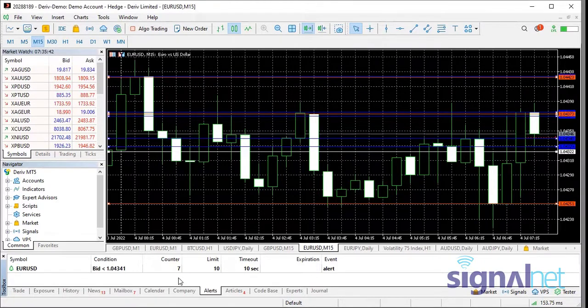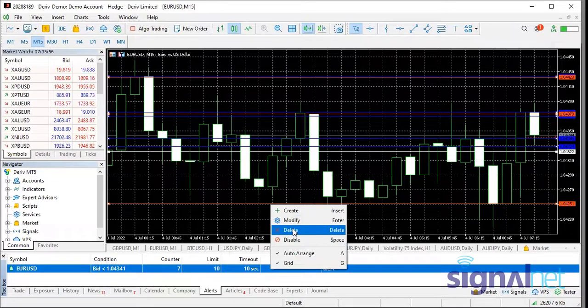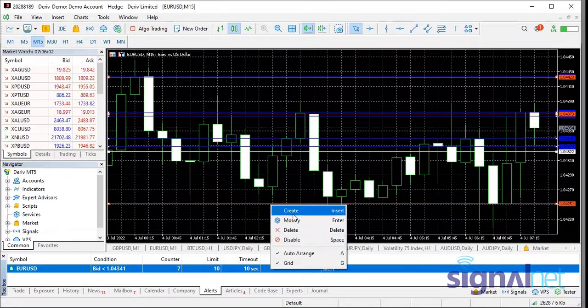With that sound, you can tell that okay, my price has been hit, so from wherever you are, you just come down and deal with that. So let me delete that. You can either disable it or just delete. If you disable, you can come back to it, modify it, and reuse it for another price. Understand? So that's for that.